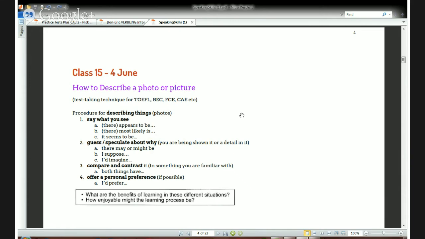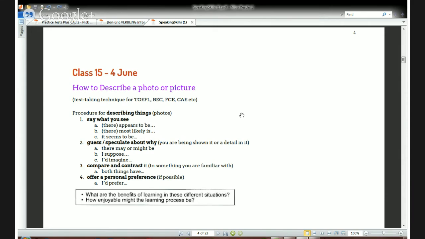Later, we'll compare and contrast it with other photos, but for now, you'll compare it and contrast it to something you're familiar with in your own life or in your own experience. So you have to first say the thing that it's similar or different from, and then you can use a key expression like both things have or both situations are similar because of something like that. Here we need to add more connectors, so I'll be doing that.